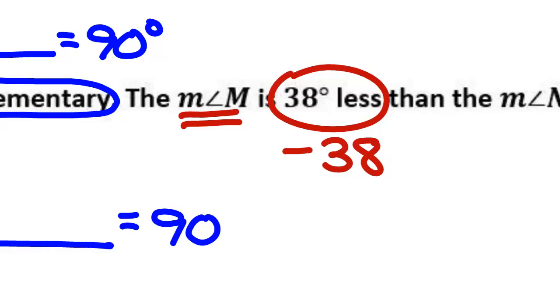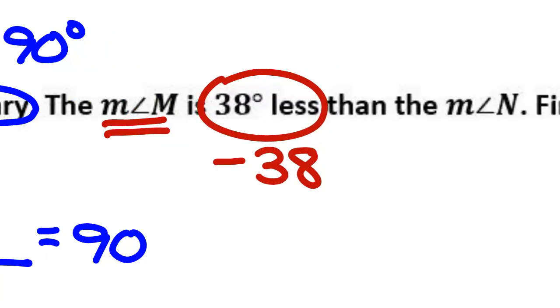If I have $40 and you have 38 less than me, how much do you have? I have 40. You have 38 less than me. You have 2, right? Did you do 38 minus 40 or 40 minus 38? 40 minus 38. So it's something and then 38 less, minus 38.